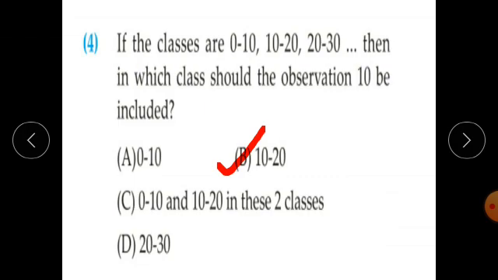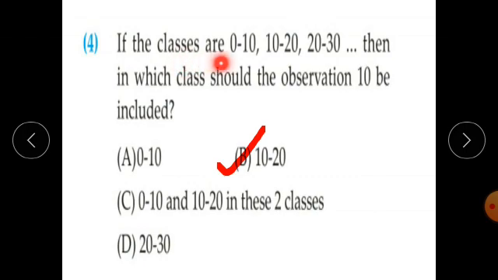Fourth sub question. If the classes are 0 to 10, 10 to 20, 20 to 30, etc., then in which class should the observation 10 be included? A option 0 to 10, B option 10 to 20, C option 0 to 10 and 10 to 20 in these two classes, or D option 20 to 30.